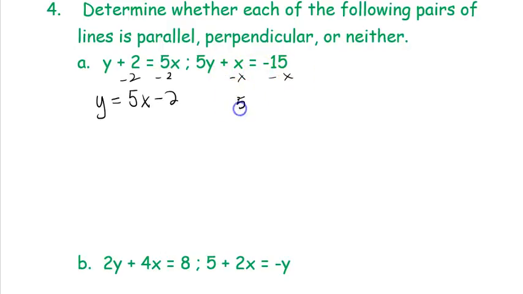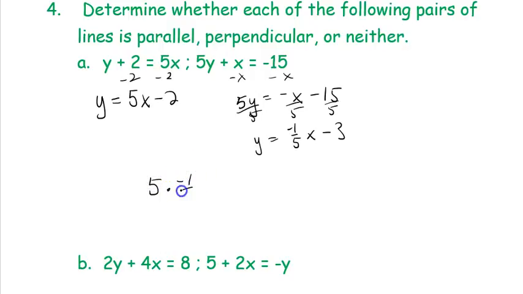So I have 5y equals negative x minus 15, and then divide by 5. And I get y equals negative 1/5 x minus 3. And wouldn't you know it, it's the same exact example that I just came up with up there. One has a slope of 5, one has a slope of negative 1/5. And if you multiply those, you get negative 1. So these are perpendicular.